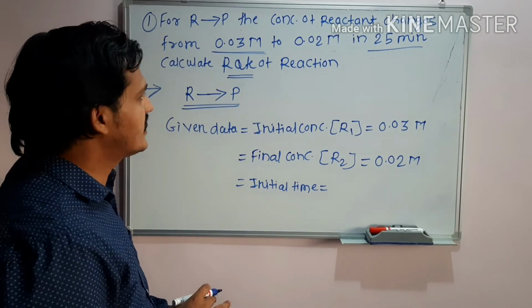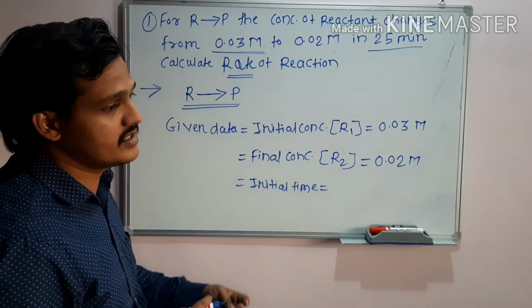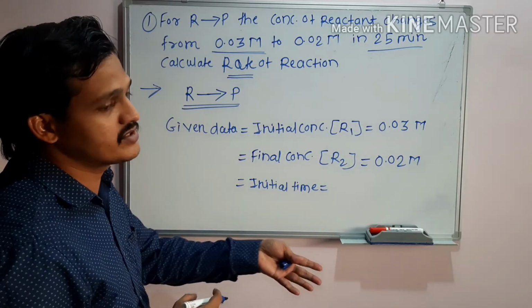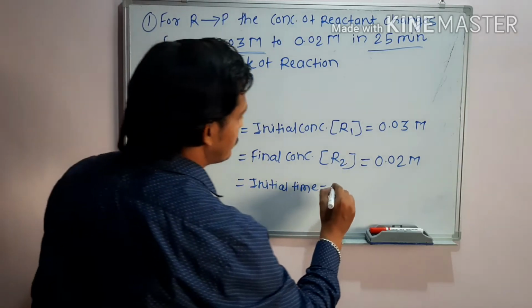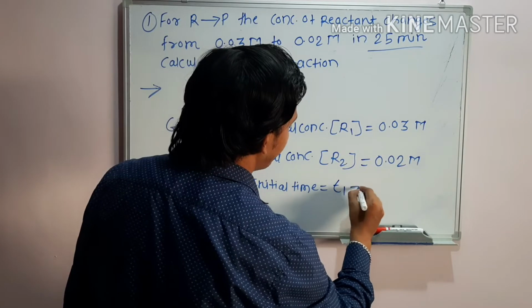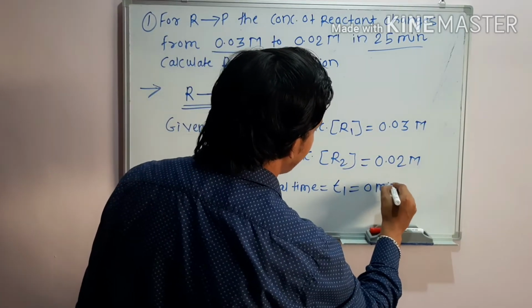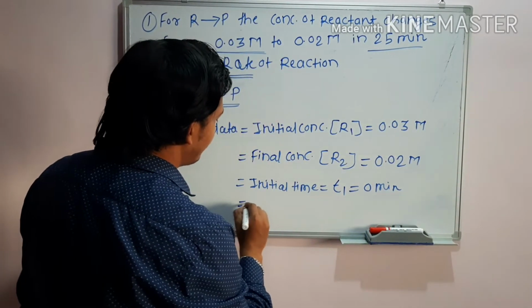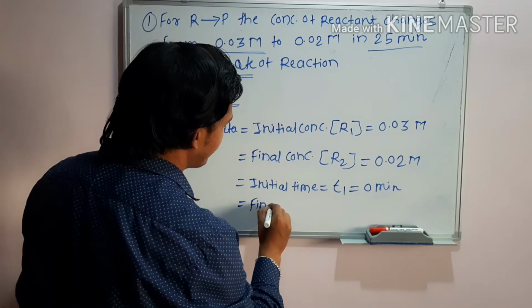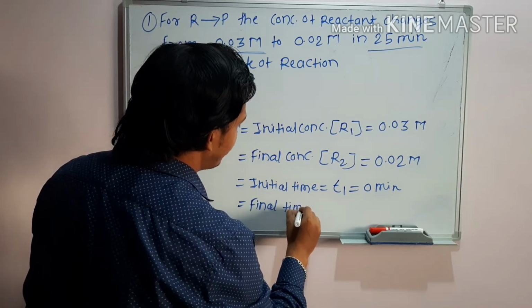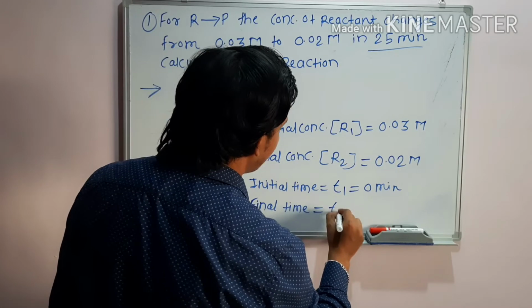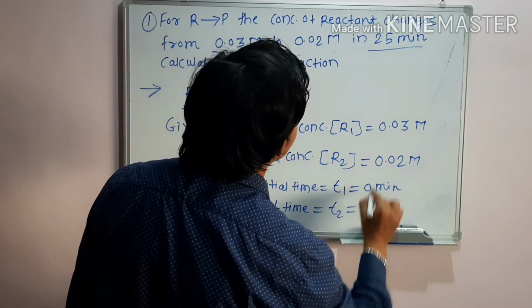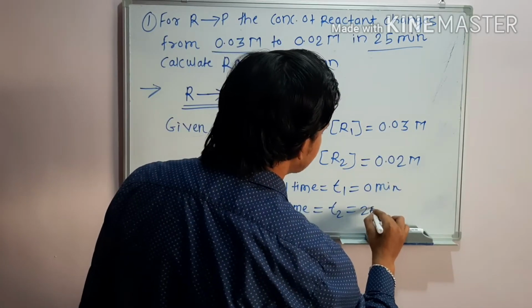I think the initial time must be 0, because the reaction takes place in 25 minutes. So the initial time, symbol T1, is 0 minute. Then the final time T2 is equal to 25 minutes.